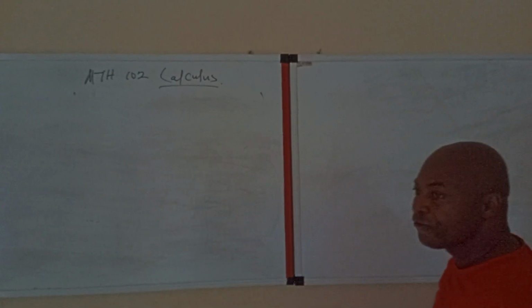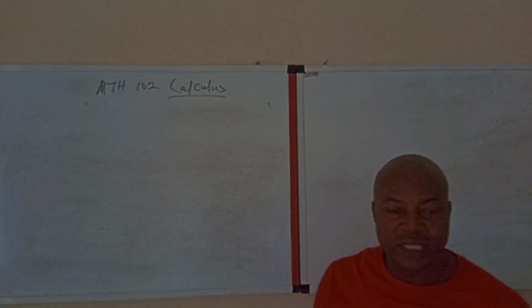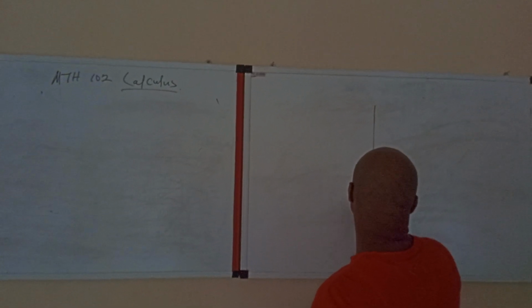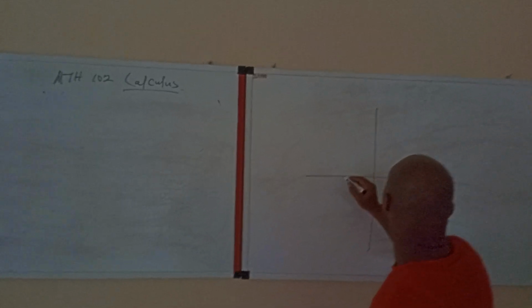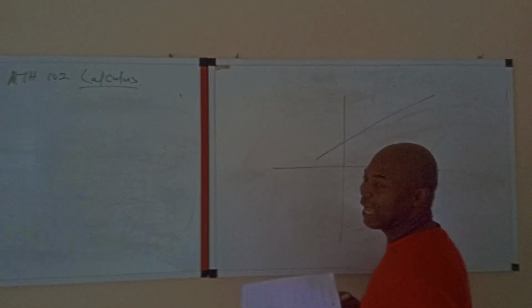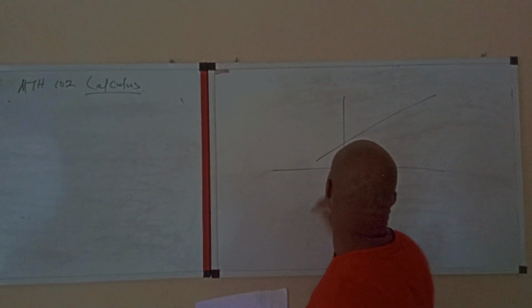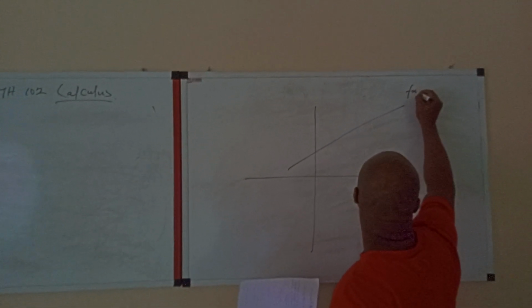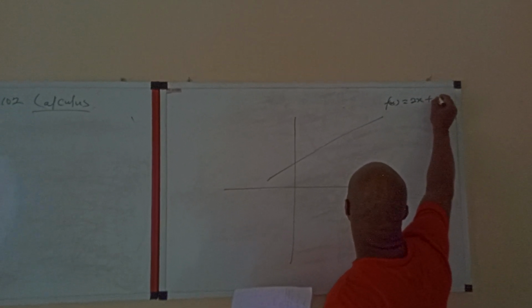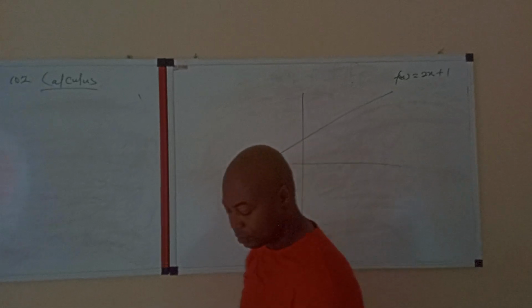Now, for the graph, for example, the first time, I plotted a graph like this, where this one is a straight line graph, which we get as a result of f of x is equal to 2x plus 1.